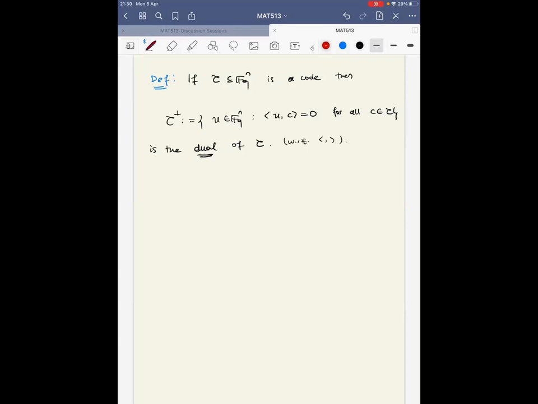And here, we can easily see that if our linear code is a k-dimensional vector space, its dual will be an n minus k dimensional vector space.